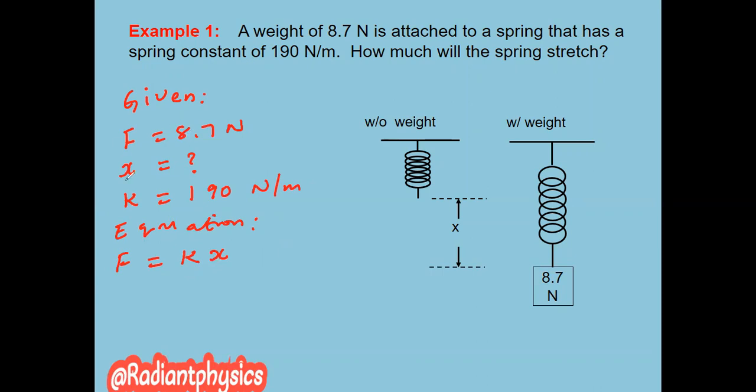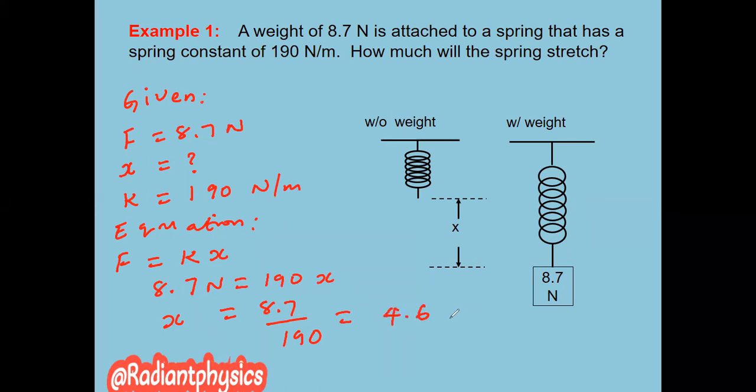So we have our force F, which is 8.7 Newton, equal to 190 X. And we are looking for the value of X here. So we will just divide 8.7 by 190, and then we should have 4.6 times 10 raised to the power of -2.